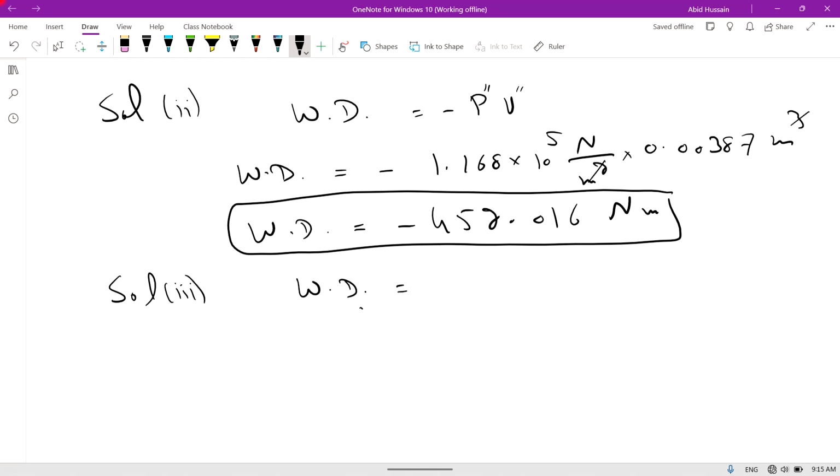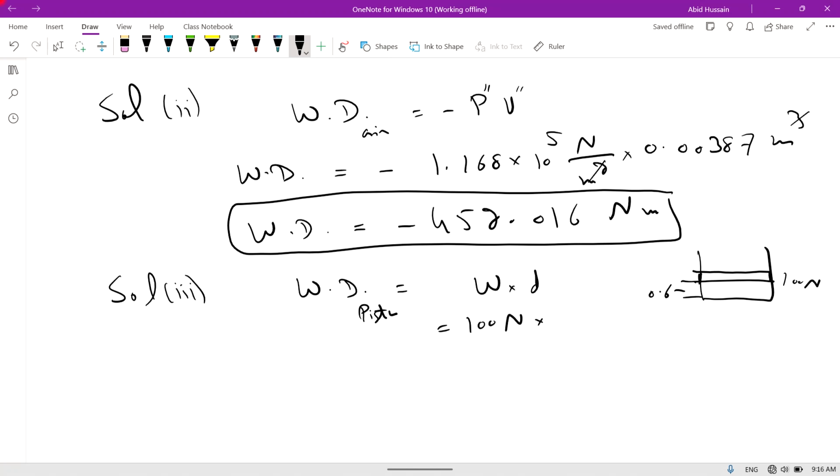Work done on the piston is equal to W multiplied by D. The weight of the piston is 100 Newton, and it is displaced by 0.6 meter. So 100 Newton multiplied by 0.6 meter. So work done on the piston is equal to 60 Newton meter.